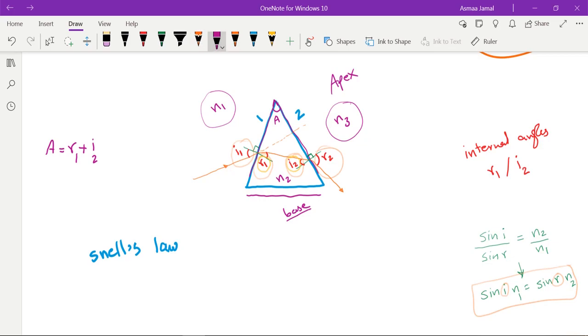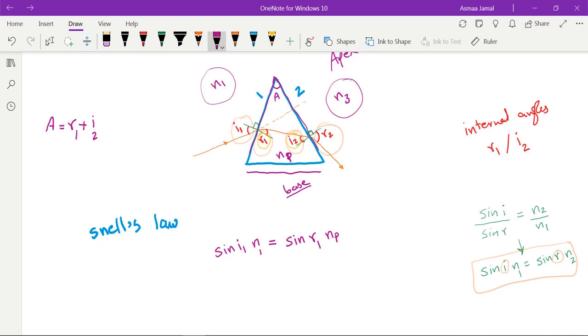Here we can use Snell's law to say the sine of the first incident ray angle multiplied by the first refractive index will equal the sine of the first refracted ray multiplied by the second refractive index, which is here the refractive index of the prism. Let's also call it the refractive index of the prism to make it easier for you.